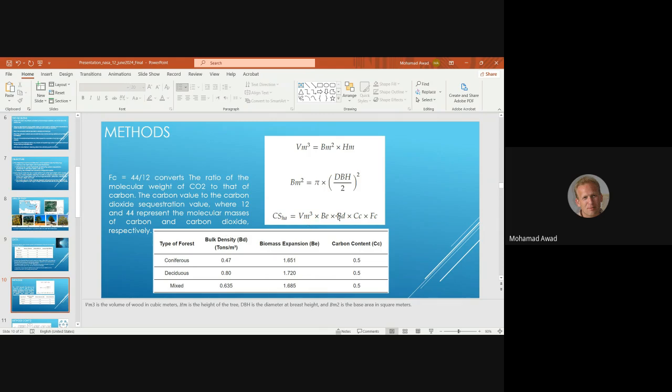The same applies to the bulk density, which is in tons per cubic meter. For the carbon content, they all have the same value. FC is the ratio of the molecular mass of CO2 divided by the molecular mass of carbon. So we have all the values needed to obtain the sequestered carbon in tons per hectare.